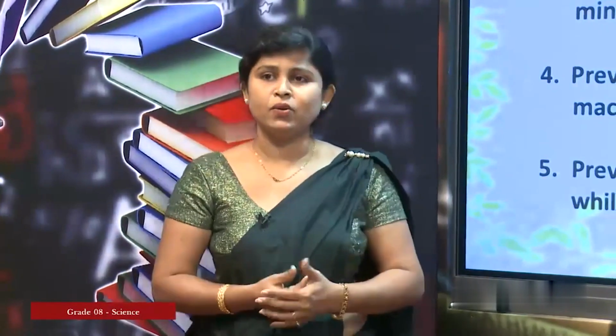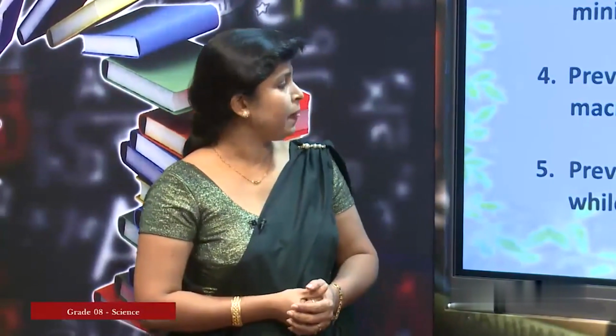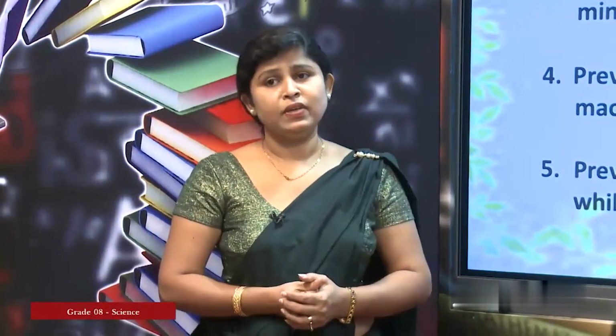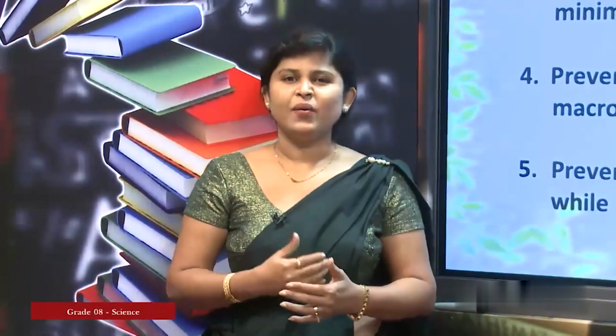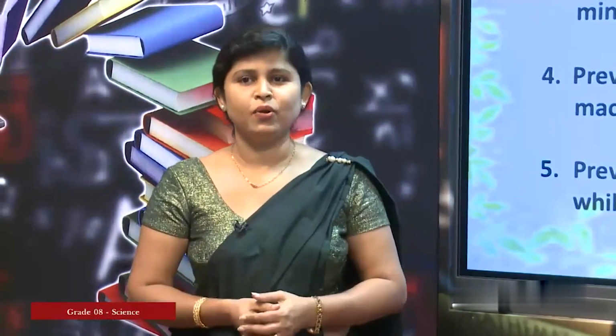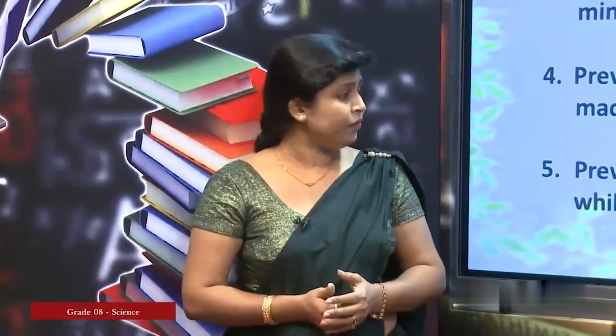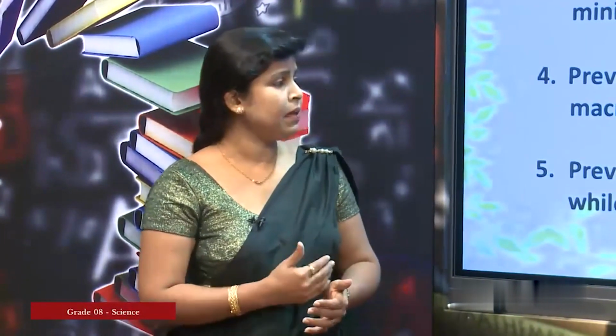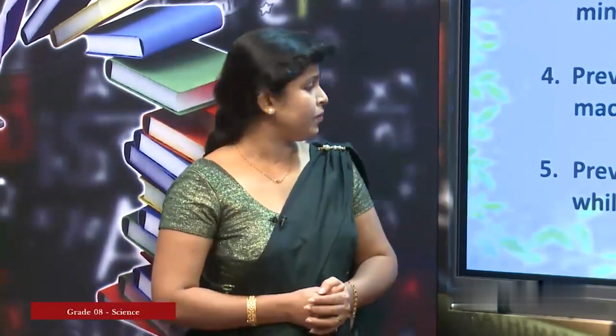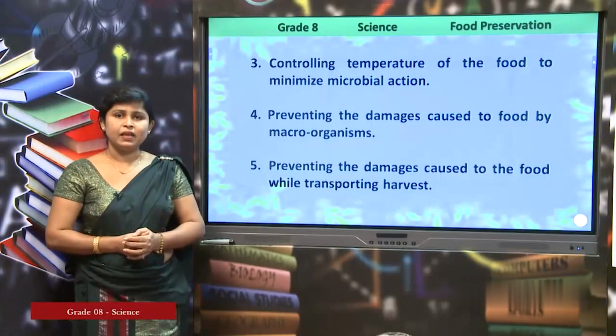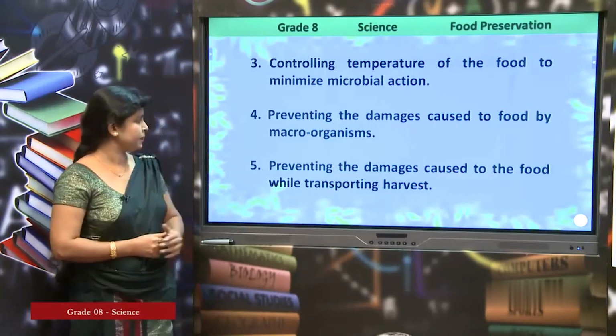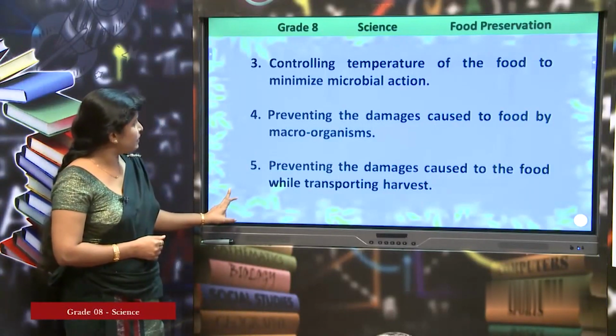If we can avoid those damages, we can preserve the food items, because we know that microorganisms readily grow. They like to grow on damaged food. So, if we can prevent the damages caused to the food while transport in the harvest, we can preserve the food items. I think you got the idea.